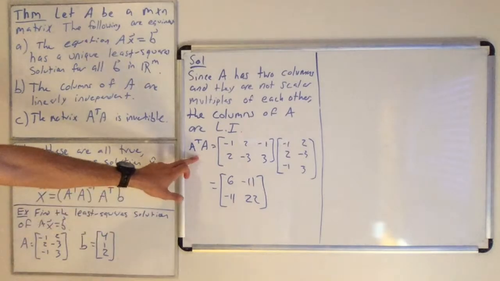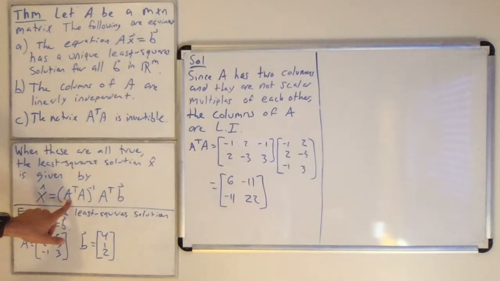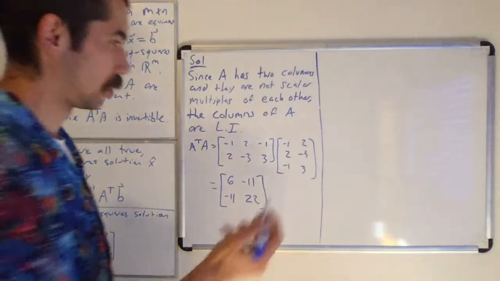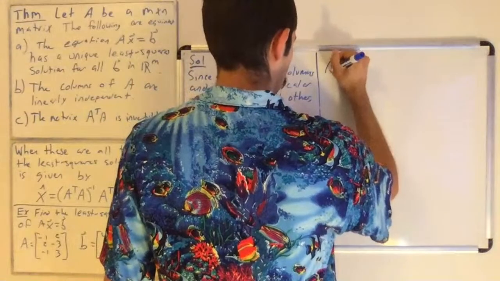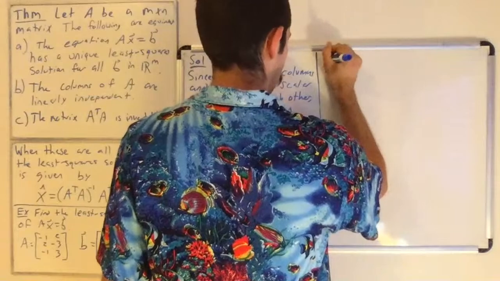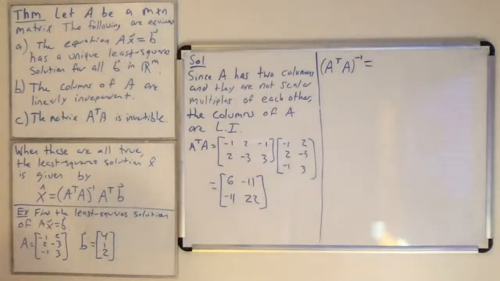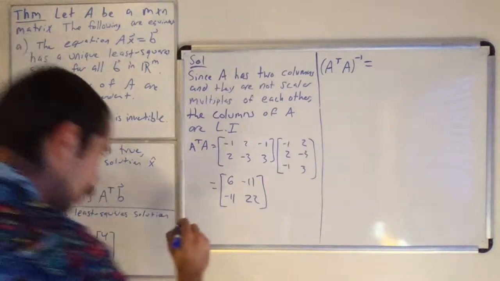Okay, so that's A transpose A. We need the inverse of this matrix. So how do we find the inverse of a 2 by 2 matrix? Well, we need a determinant.